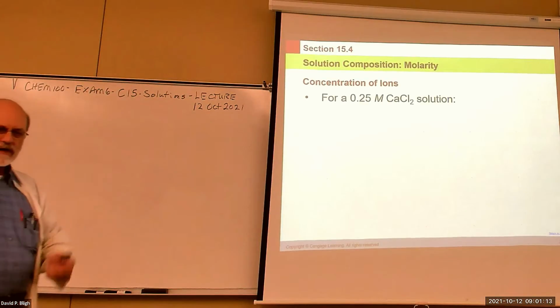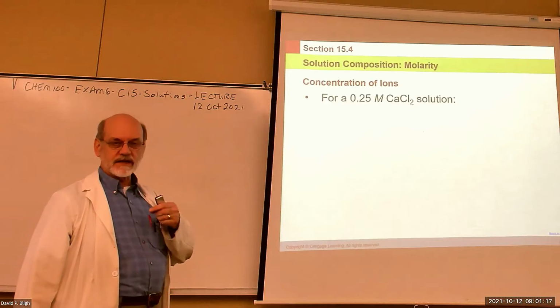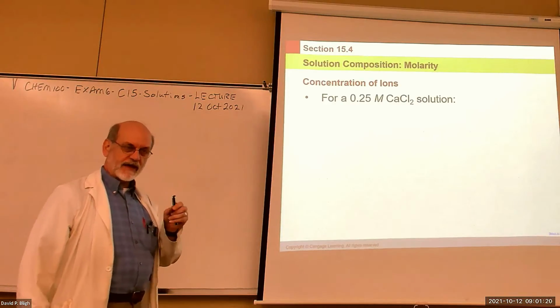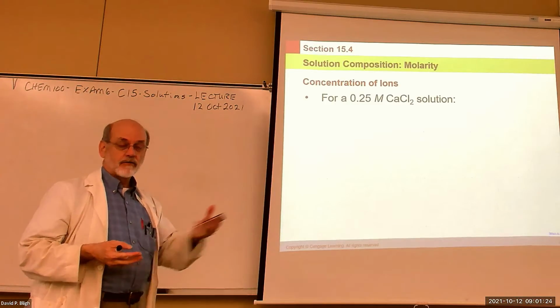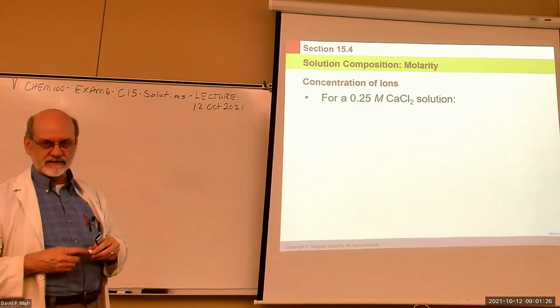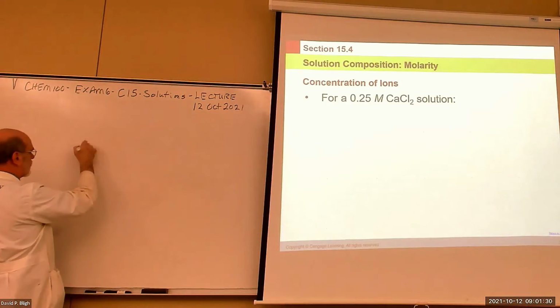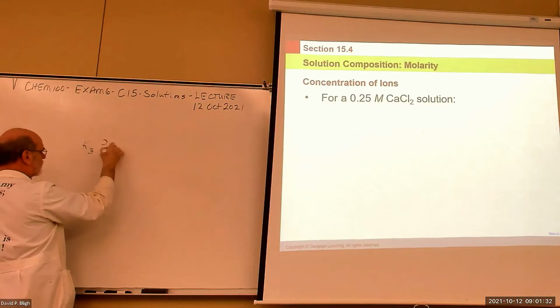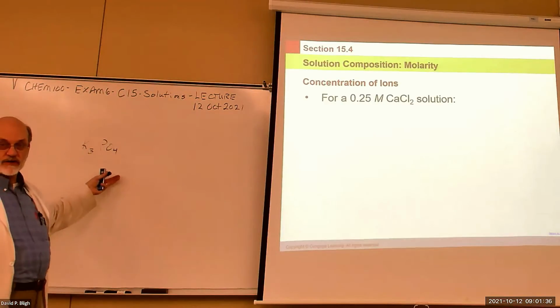Okay. Now that we know how to express concentration in terms of molarity, moles per liter, that's for the whole formula unit. For instance, for our potassium phosphate, we had a certain concentration there.